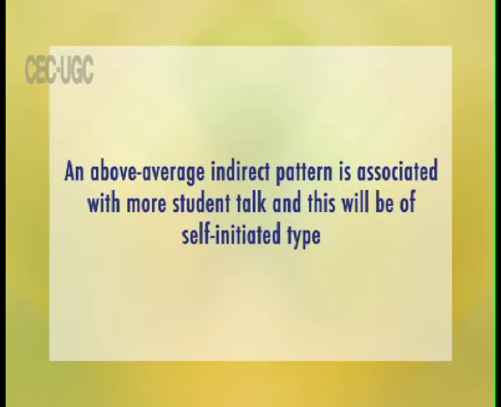An above average indirect pattern is associated with more student talk, and this will be of self-initiated type. The purpose of category 10 is to record pauses, silences, or periods of confusion, that is, an environment in which neither teacher nor student is seen showing any communication.